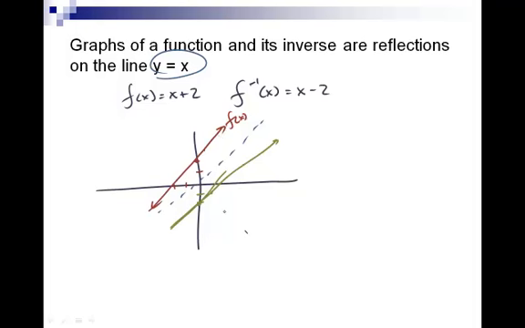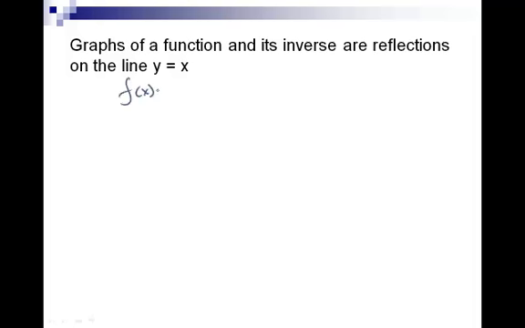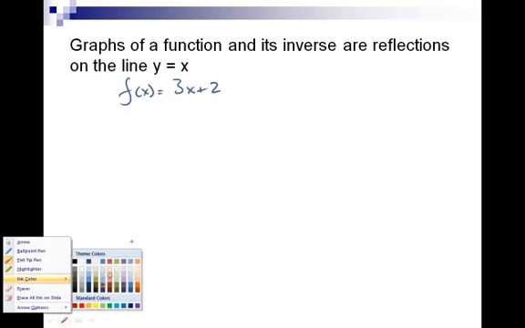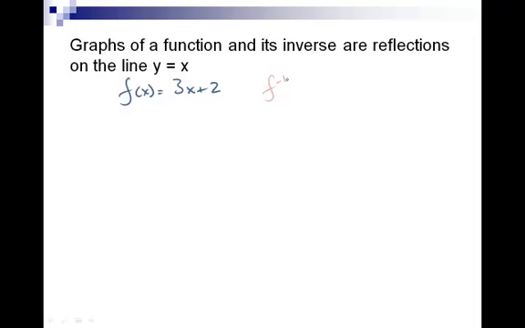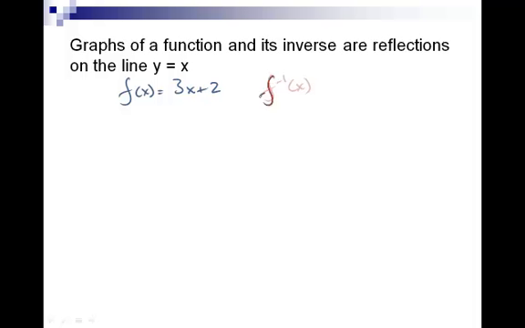Let's look at one that gives us a little bit better picture of how this works. Let's look at f of x equals 3x plus 2, and our f inverse of x, oops, let me get a darker color, f inverse of x, we originally wrote it as x minus 2 over 3, but I'm going to rewrite that as 1/3 x minus 2/3.